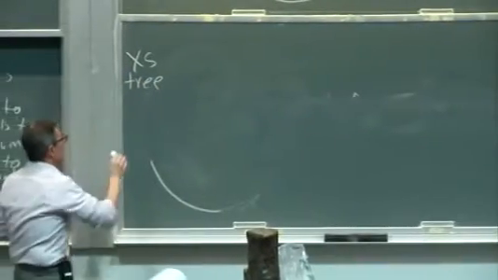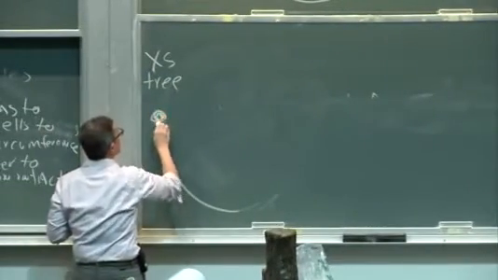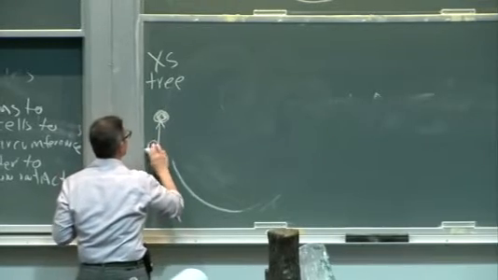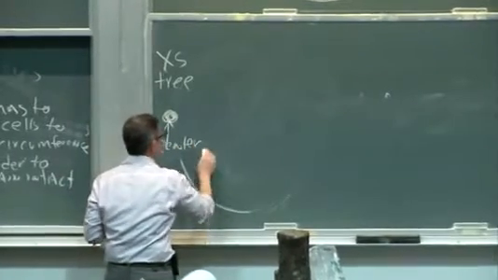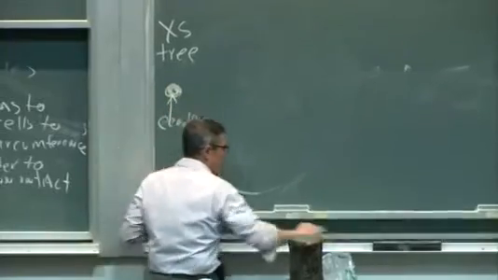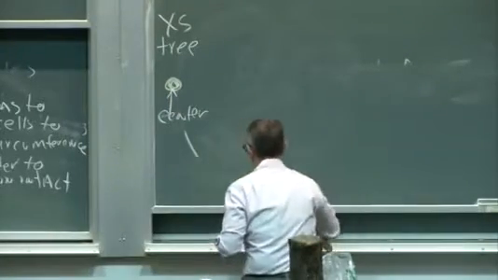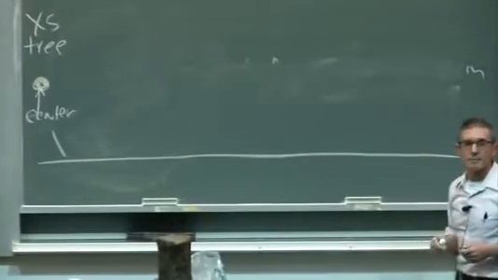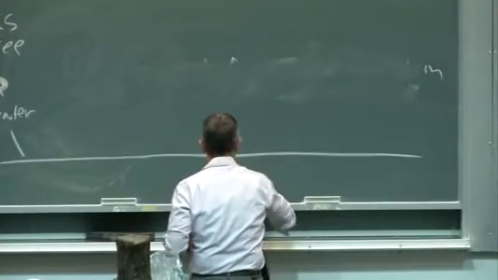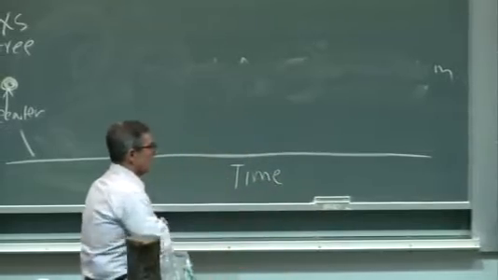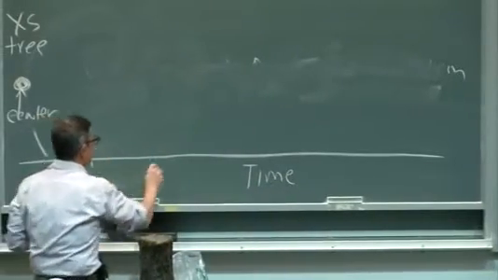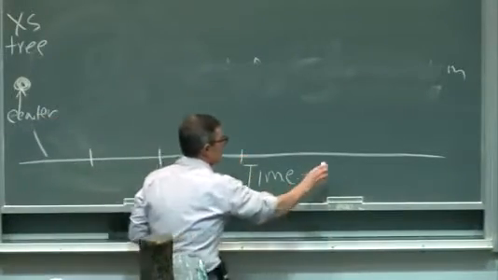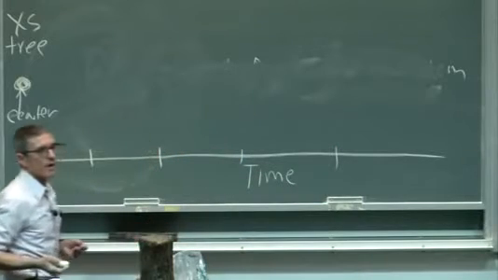And here I'm going to put, for a reference point, the center of the tree, located here. And on the x-axis, I'm going to put time. We'll just have 4 different time points that we're going to put on here. We don't have to give them any names right now.